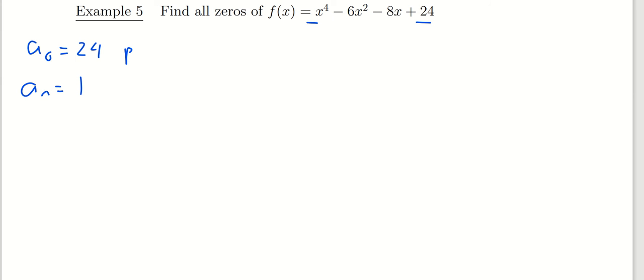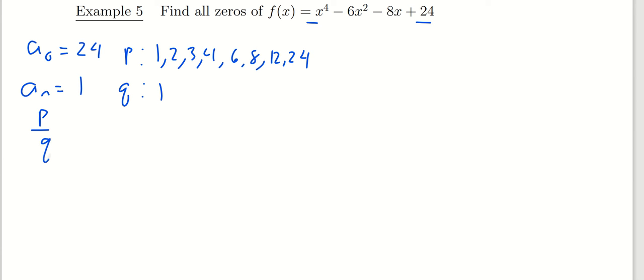The next thing we're going to do is list all of the different factors of those numbers. The factors of the constant term 24 would be 1, 2, 3, 4, 6, 8, 12, and 24. The factors of 1 are just going to be 1 itself.